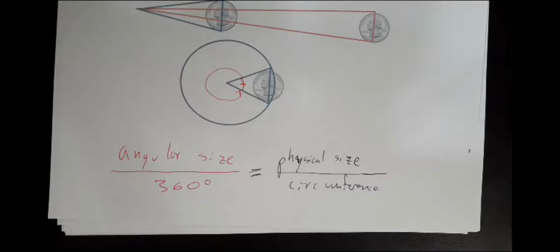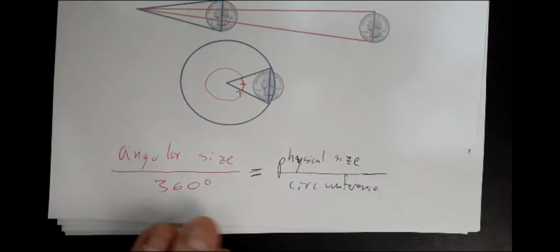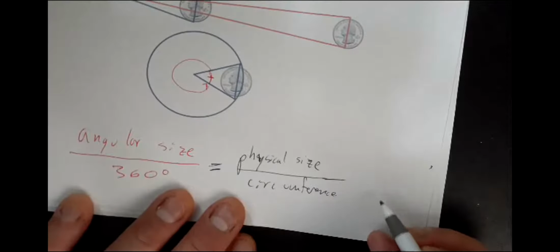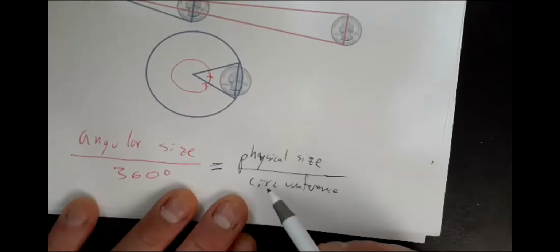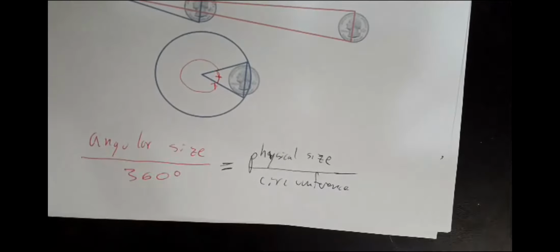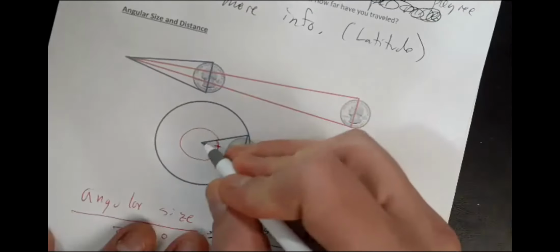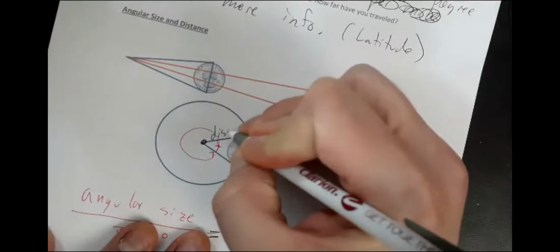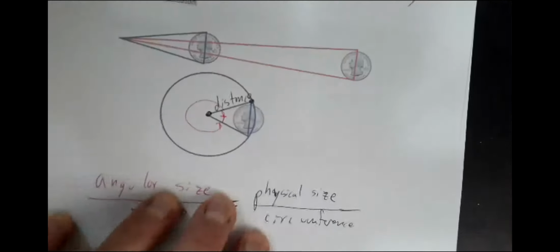So this is essentially, I think they might change around one thing in the book, but this is where they're getting this ratio from. We know that the formula for circumference is 2 pi r. And so if we look at what our radius of this circle is, this distance from your eyeball to the object.